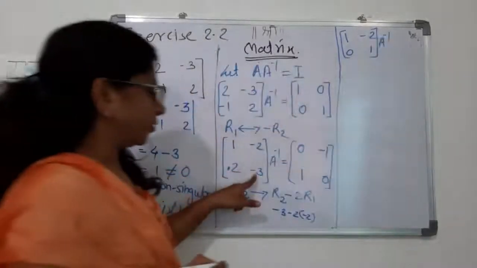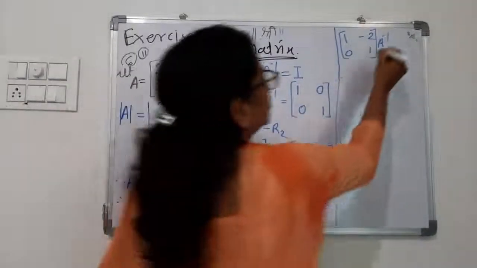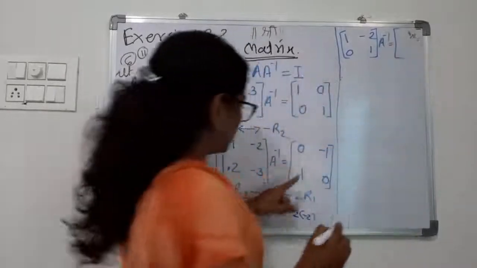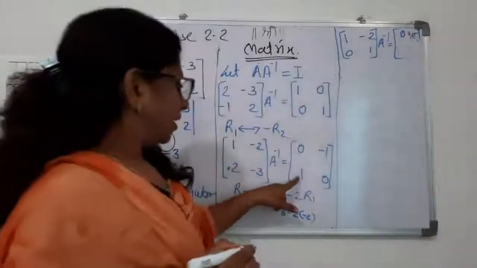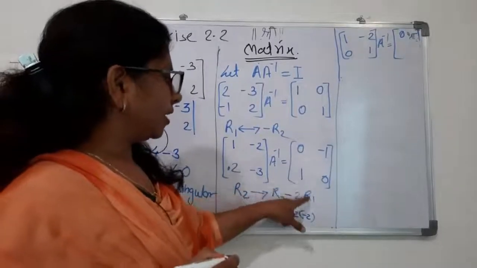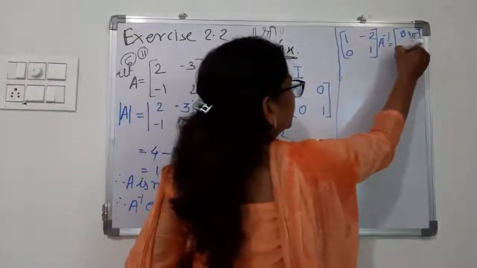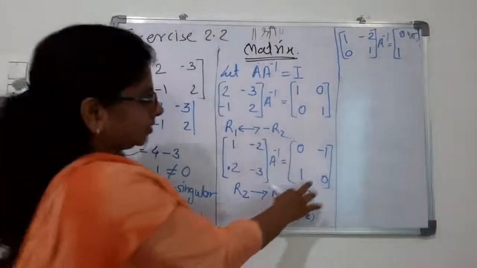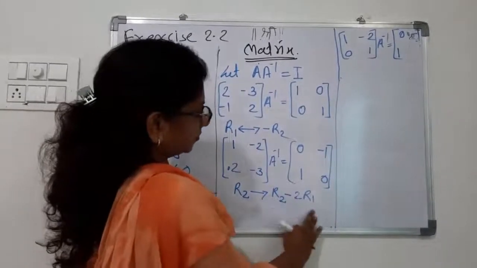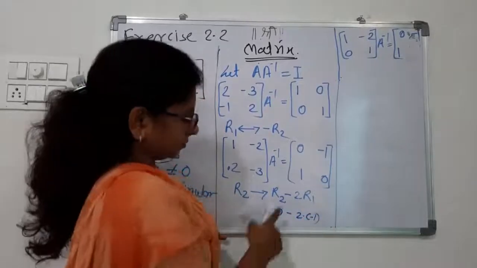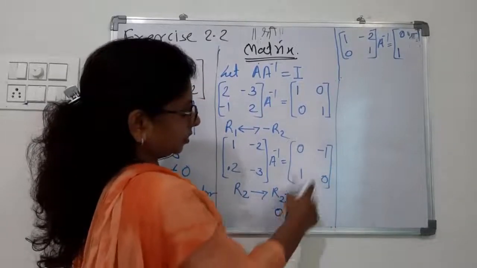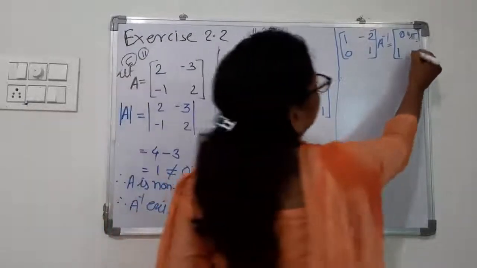Equals to, no change on R1, so write down as it is. Apply the operation on R2: 1 minus 0 is 1. Then R2 means here 0 minus 2 into R1, which means plus 2.